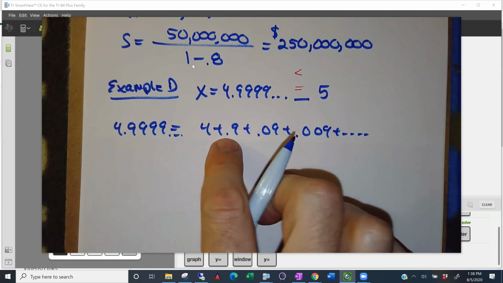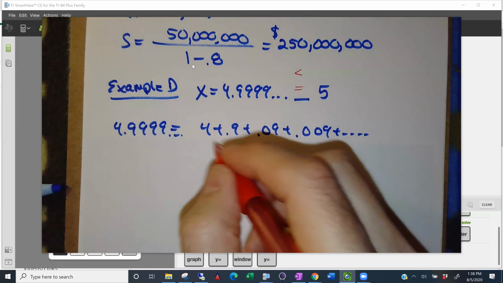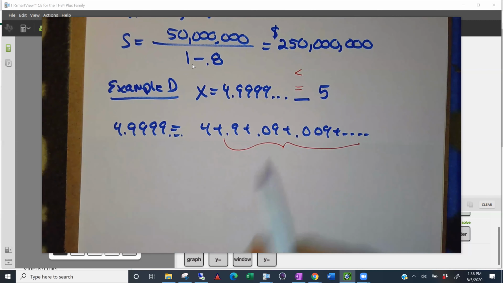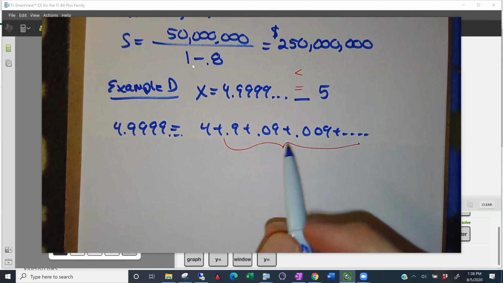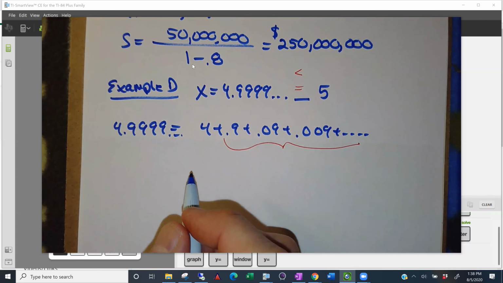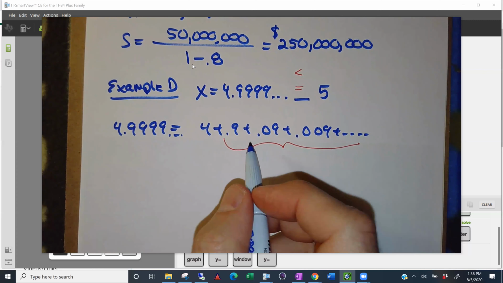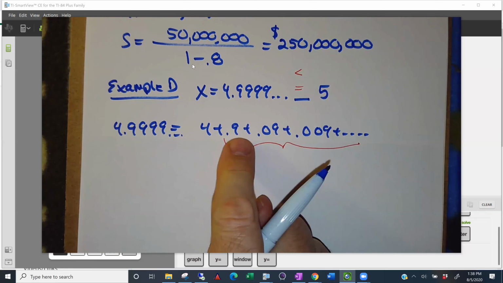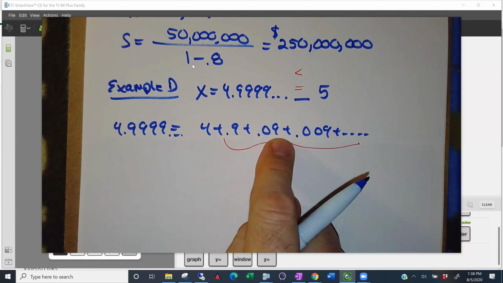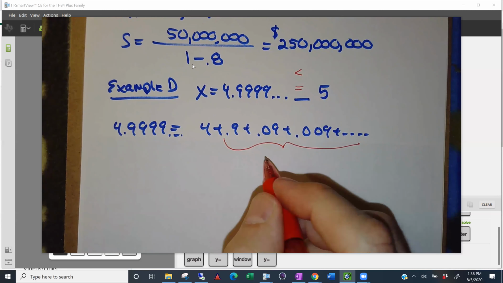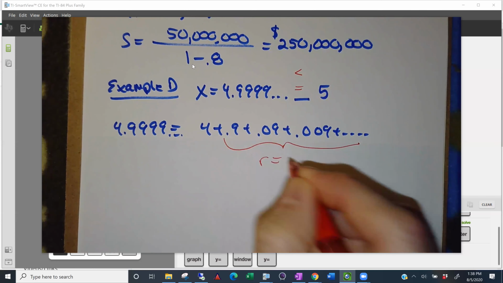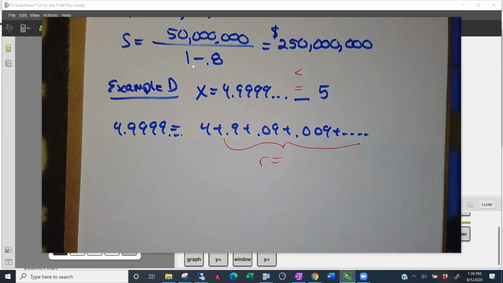We can just work with this part of the series. So let's look at 0.9 plus 0.09, etc., and try and figure out what to do about it. One thing that you need to notice is that this is a geometric series. Can anyone tell me what r is for our geometric series? 0.9/4.